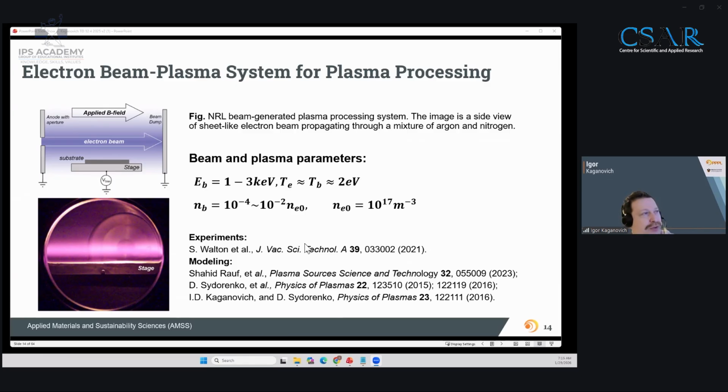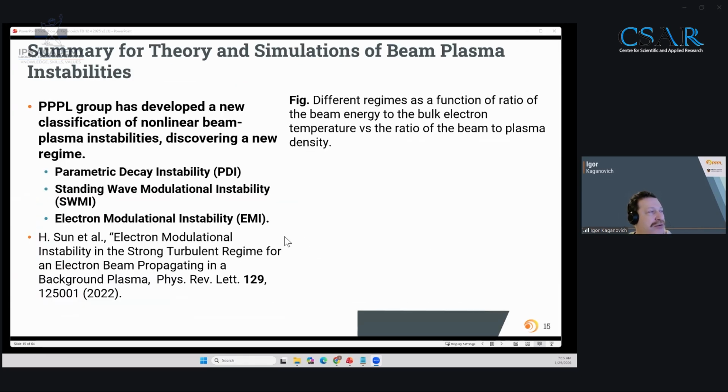But as I mentioned, it produces two-stream instability, and so depending on parameters, you can have secondary nonlinear effects.